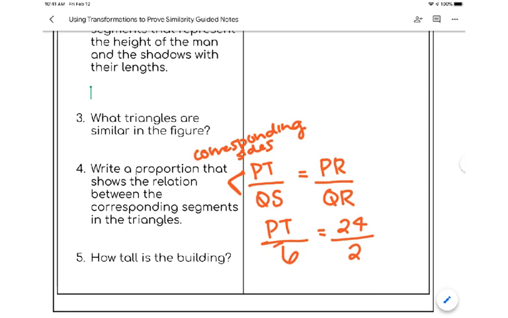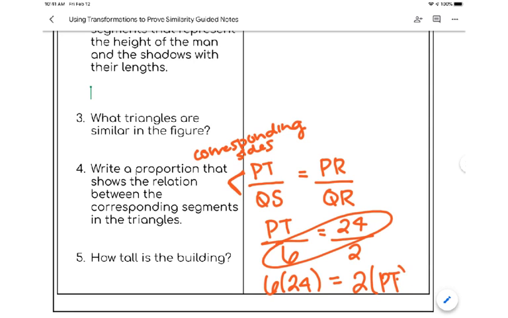So we can say 6 times 24 equals 2 times PT. PT being our unknown length. Okay? 6 times 24, let me pull out a calculator, is 144, equals 2 PT, which means we will need to divide both sides by 2.